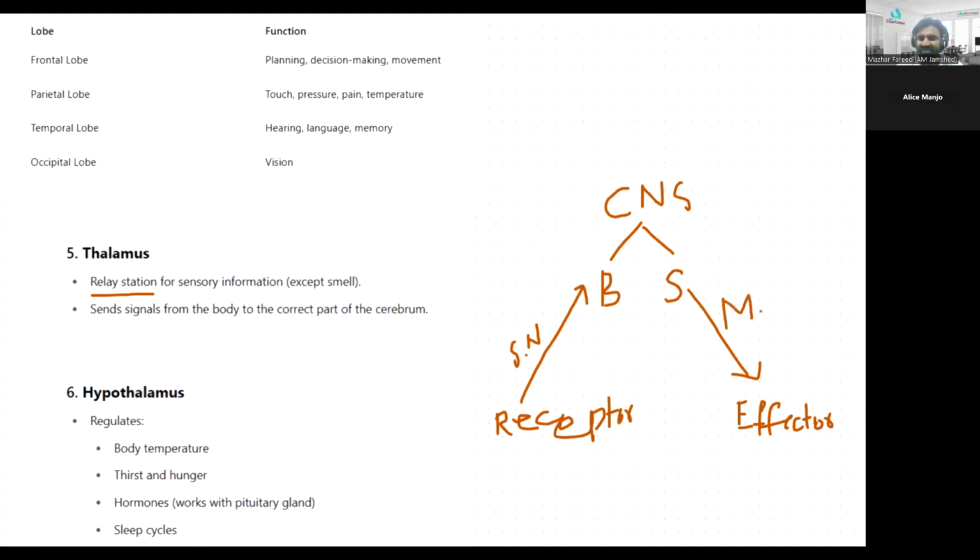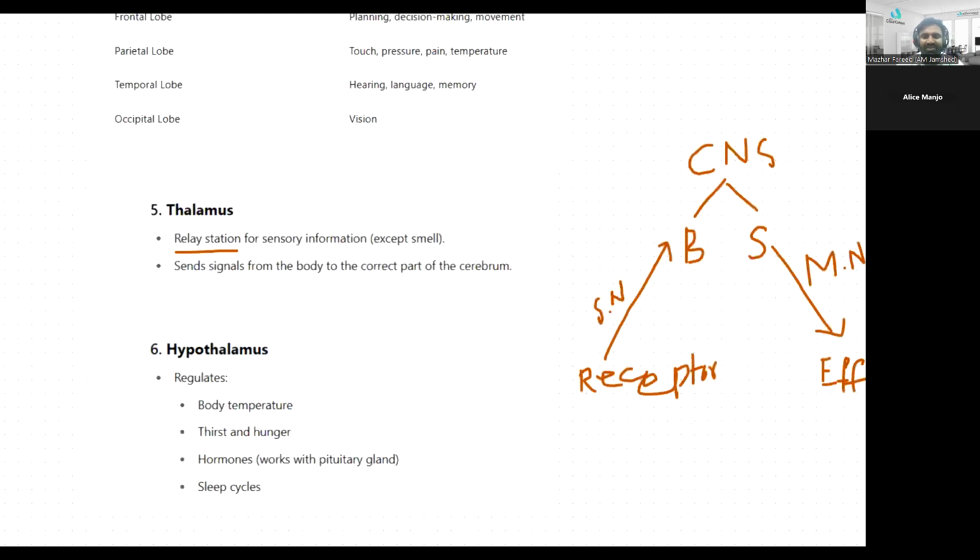So this is the mechanism for sending and getting information. The thalamus also sends signals from the body to the correct part of the cerebrum. It means information is first interpreted in the thalamus, and the thalamus decides which information has to go to which portion of the brain.